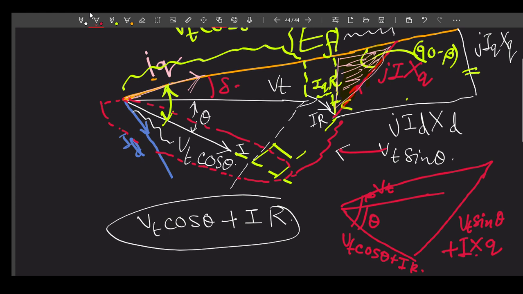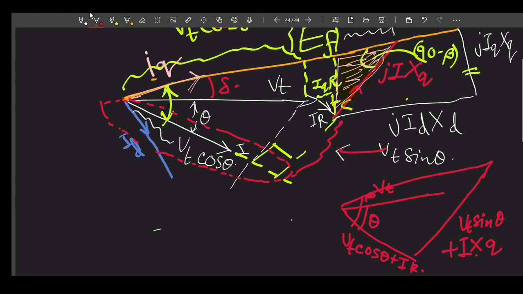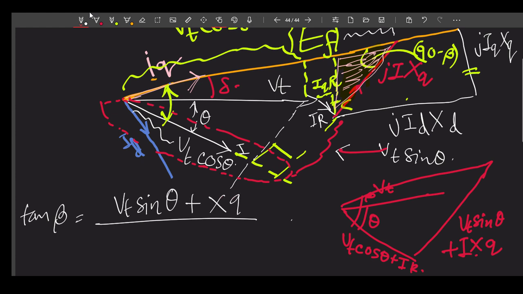So we can write that tan beta is equal to Vt. This is also an important formula.